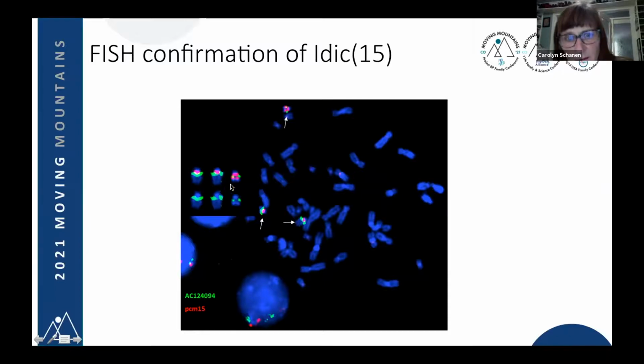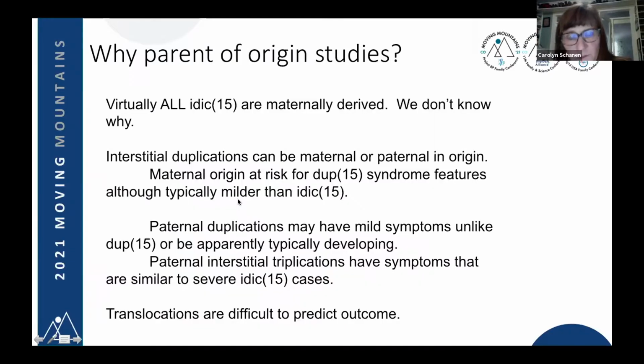And here, the red one marks 15 for us, so we can kind of cheat. And this is the 2 normal 15s. And the green shows us that on the IDIC, yes, indeed, we're seeing the breakpoint 5 signal there. So we knew it did extend that far.